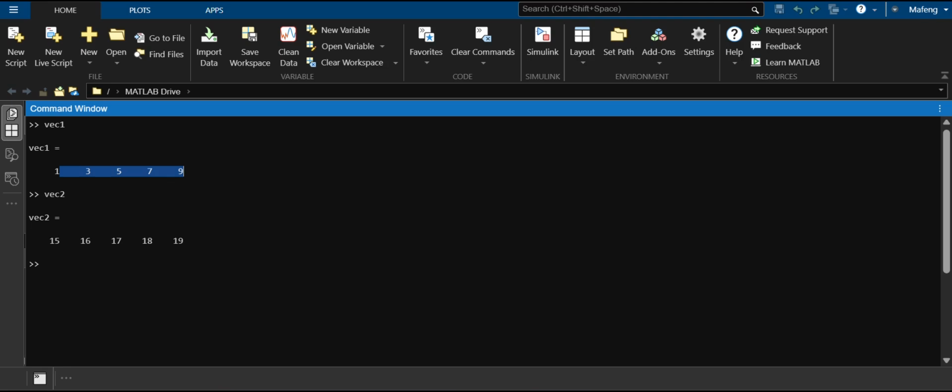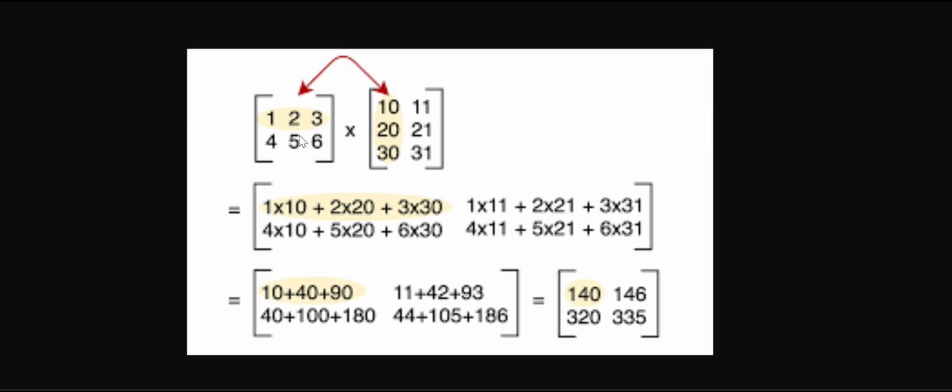Right. So this is what vector matrix multiplication looks like. You need to have two matrices or two vectors. Number of columns in the first one must equal the number of rows in the second one. If there are 3 columns in the first matrix, there must be 3 rows in the second matrix. If there are 4 here, there must be 4 here. Alright, so the number of columns here must match the number of rows here.